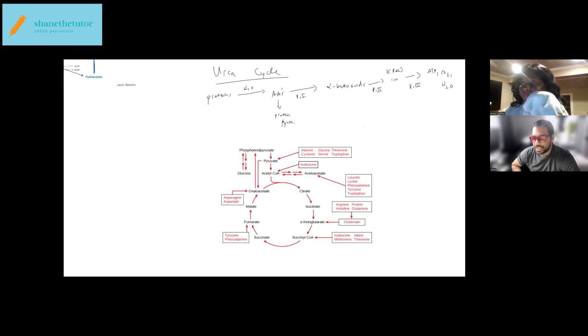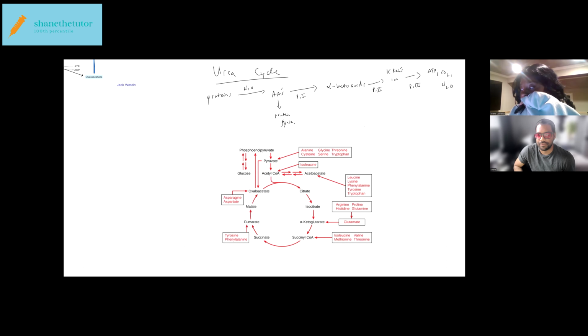Yeah, so ultimately the catabolism is going to be involving the Krebs cycle and an electron transport chain. We typically think of just glucose going into the Krebs cycle and electron transport chain and giving us energy, but really everything does.